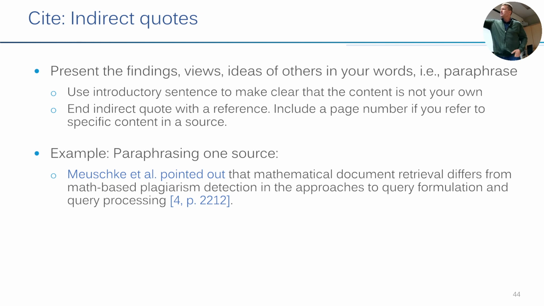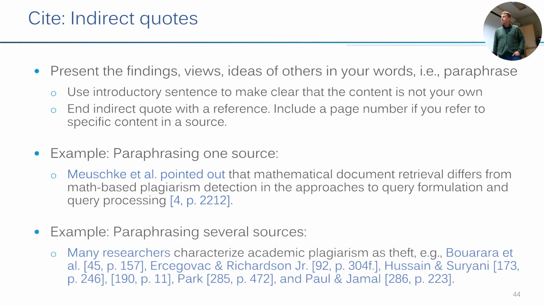Do it as in this example, like Meuschke et al., or the authors, pointed out, or whatever. But do not use one found a result. It's just not good style. Better this way. Or say the authors, but make it a complete sentence. It's terrible to read such a one found.